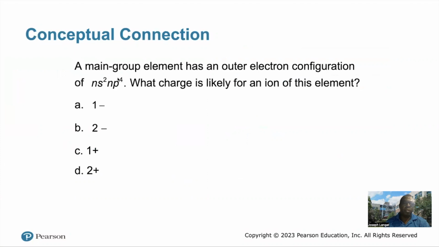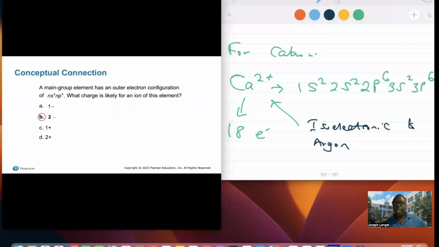You add the 2 and 4, which should give you the group number this electron configuration represents. The question is most likely: what charge will it form? This is group 6, and it will form a charge of -2. This is group 6A. So it's going to be B.